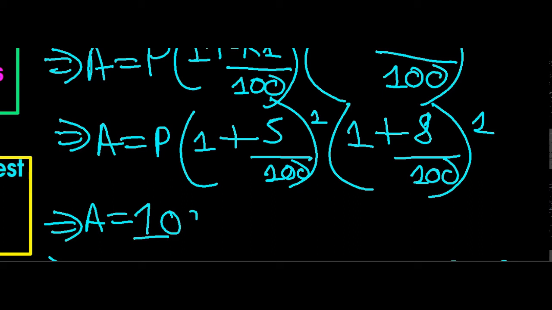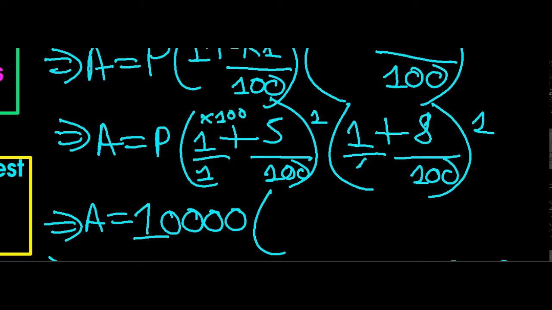So A is equal to, friends, actually we have to write 10,000, which is the principal, in bracket. Okay friends, first let's solve.